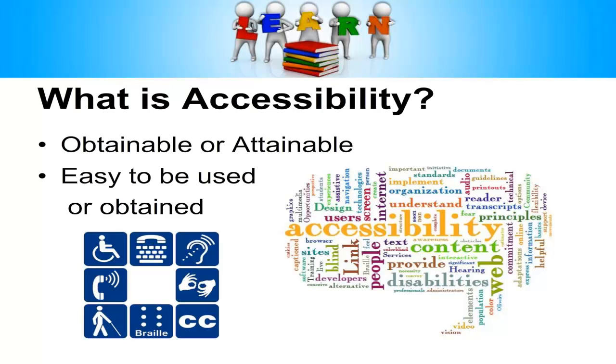Accessibility simply refers to something that is obtainable or attainable. Simply, how easy can something be used or obtained by all of our students? Primarily, I am referencing assistive devices such as a screen reading device. There are many of them.